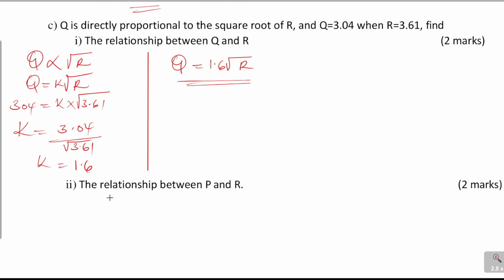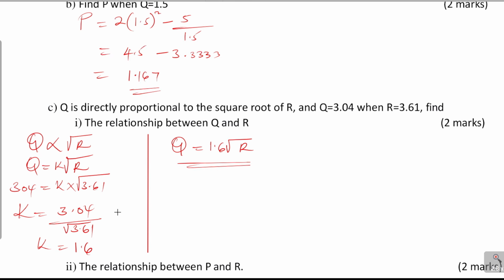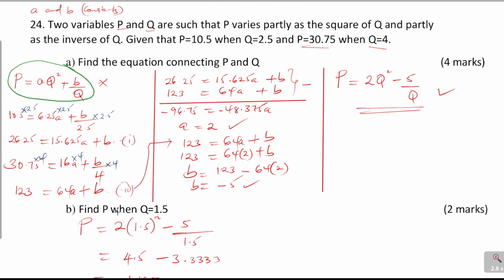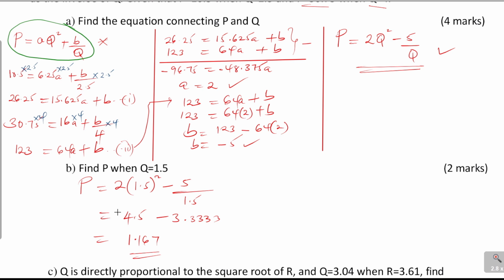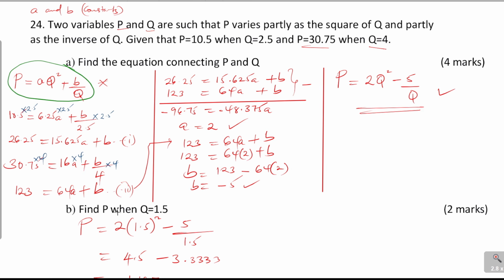Then the last one, the relationship between P and R. Now remember, in the first part we have the relationship between P and Q. And now since we have the other value of Q given here, we shall substitute that. So let us go to the first part, the relationship between P and Q. It was there.